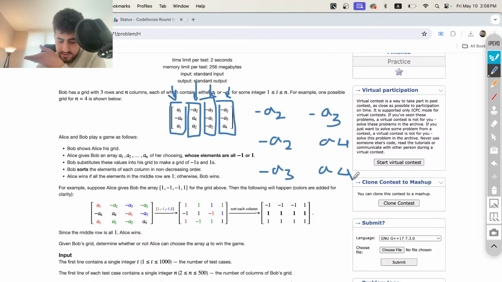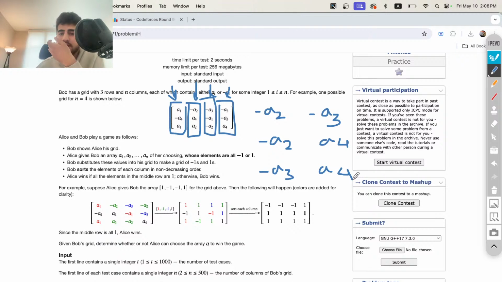Right? So the point is, at each column, if we consider any two of them, they cannot be both minus ones. Because if they are, we have two minus ones in that column, and therefore the middle row will have a minus one.